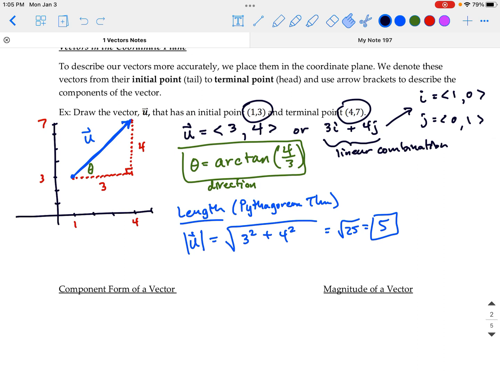Breaking it down into component form, and then from there, finding the length and magnitude and direction. After we've found this vector, maybe combine 2 vectors together, combine 3 vectors or 4 vectors. As these vectors interact with each other through addition or subtraction, we can always recalculate what the new vector's angle and direction is going to be.